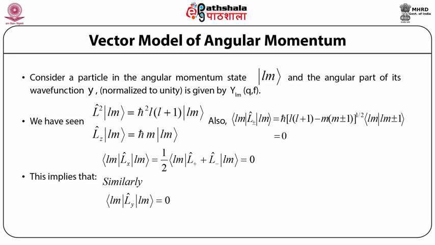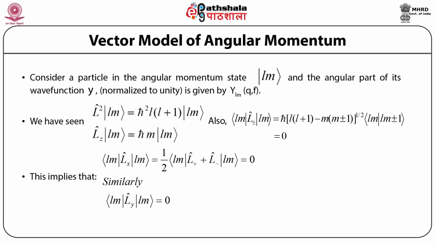So now, looking at the eigenvalue equations of the L square operator and Lz operator and the expectation values of the ladder operators L plus and L minus, one can see that the expectation value of the x component of the orbital angular momentum operator, that is bra vector Lm operator Lx ket vector Lm, is equal to half times bra vector Lm, operator L plus plus operator L minus acting on ket vector Lm, and this gives the final result as 0.